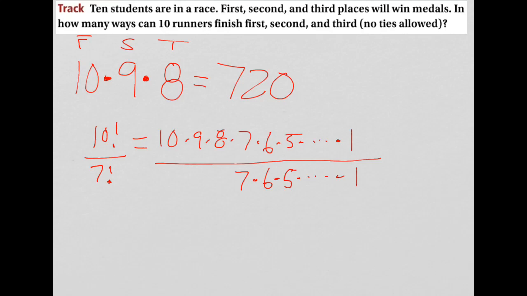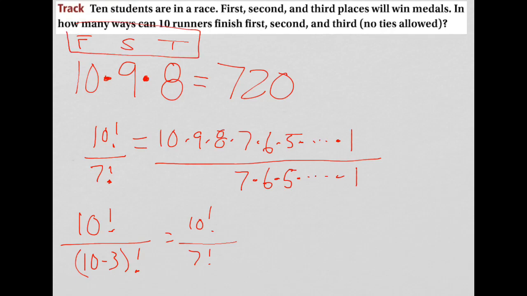So generally, we can say this. Look at this case. We had 10 factorial divided by 10 minus 3 factorial. That gets us, parentheses first, 10 minus 3 is 7 factorial. So that's the same thing. But look, 10 minus 3, oh, we had 3 specific places that we were looking for.